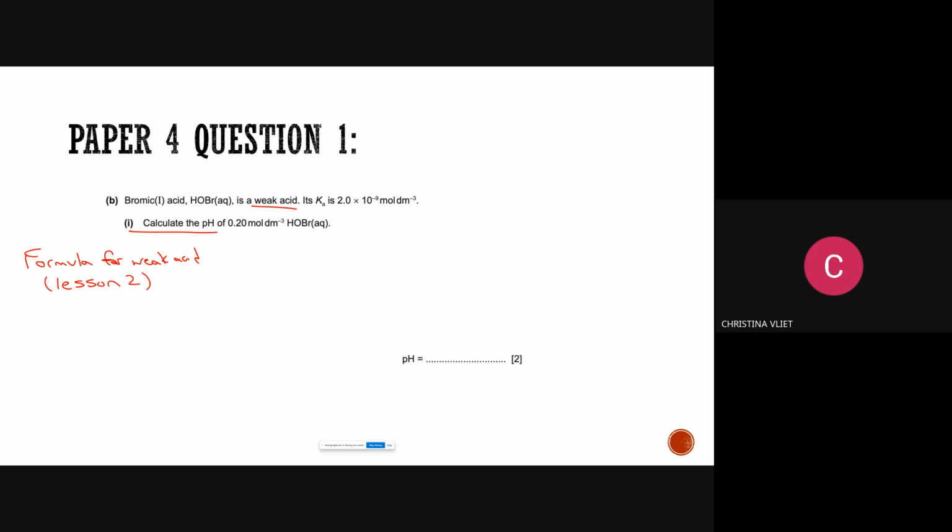Lesson 2. I got a weak acid. You can either do it by setting up an equilibrium, or you can just remember the formula. If I set up the equilibrium, it's HOBr goes to H plus OBr minus. That's the equilibrium. So the formula is just the equilibrium equation, right?